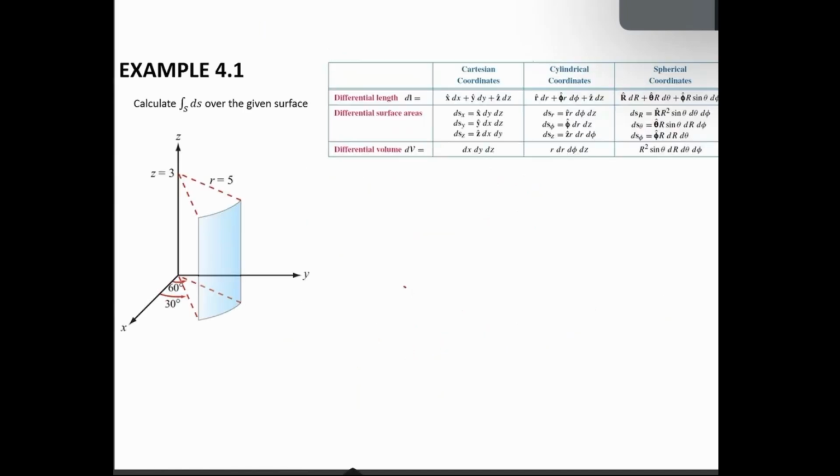Example 4.1, we have this surface. This one is an arc. First, we know that this one is cylindrical coordinate.